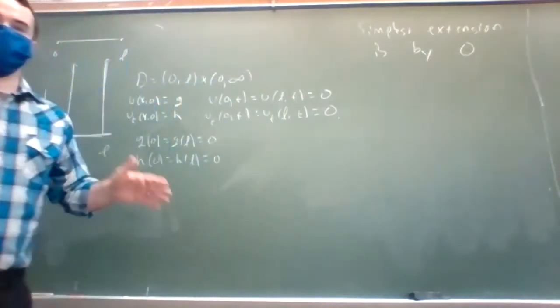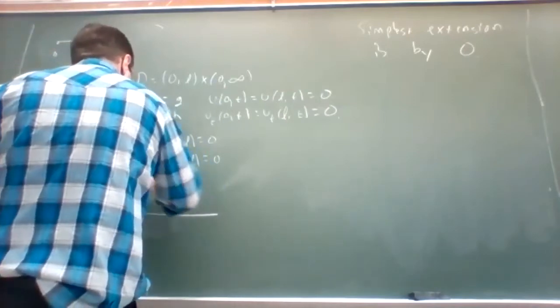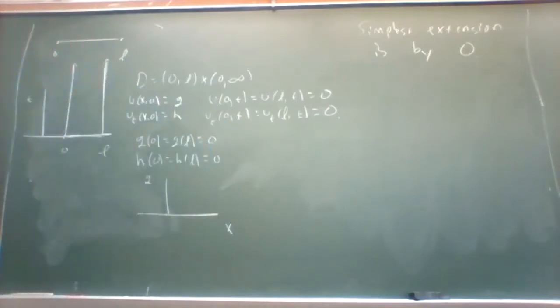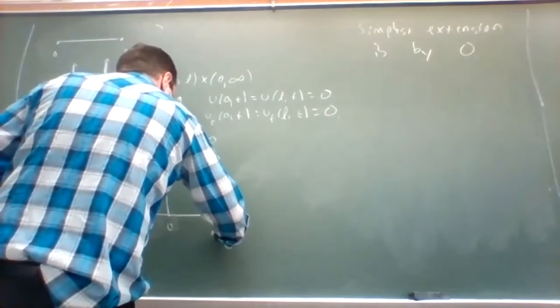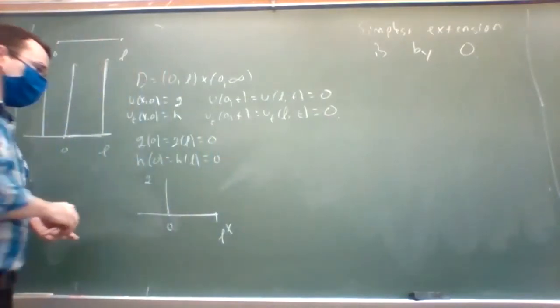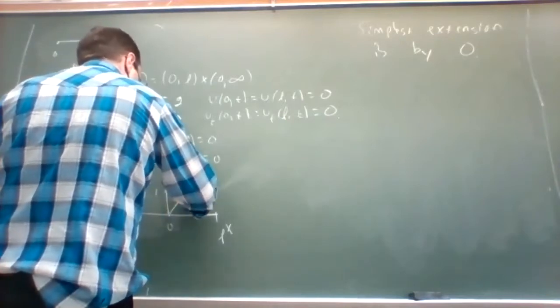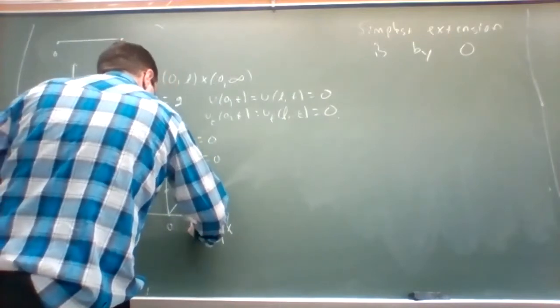Let me just draw a picture of g, on the x axis, going from 0 to L. So what if we're just plucking the guitar string? So here's the number 1, and we've got this initial condition.